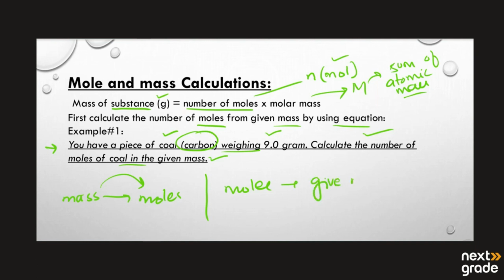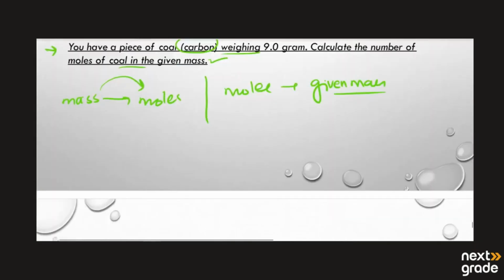How can we convert the given mass into moles? We have already studied the formula: mass of substance is equal to number of moles multiplied by molar mass, and we can also write it as number of moles is equal to mass of substance divided by molar mass. Okay, so let's start the calculation.